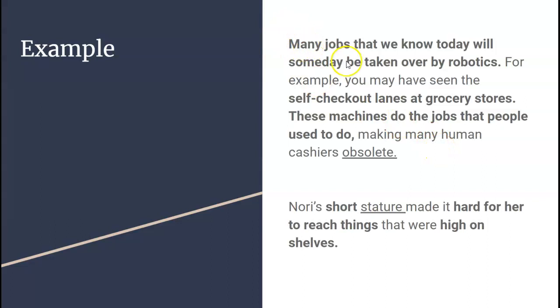It tells us that there are a lot of jobs today that are being taken over by robots. It gives us the example of self-checkout lanes at grocery stores, and it says that these things make human cashiers obsolete. So if we know there's more robots doing the job of humans in grocery stores, humans are becoming obsolete. That must mean that obsolete means there are less people doing this or that it's really unneeded.